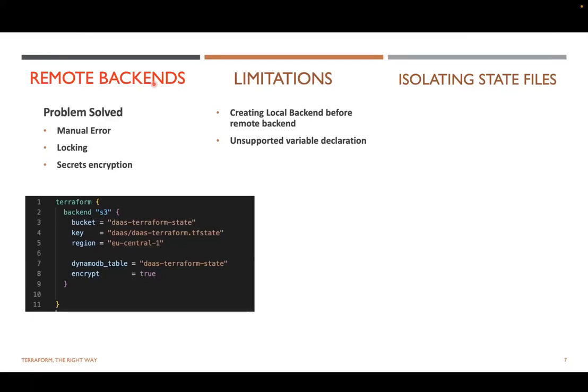I also mentioned the problem of lock ID, that is state locking. And now we have DynamoDB that can help us with that. Then I also mentioned the problem of encryption, and a problem which has to do with isolating state files. That is, if you have many environments, how do you go about it? That is what we're going to talk about now.